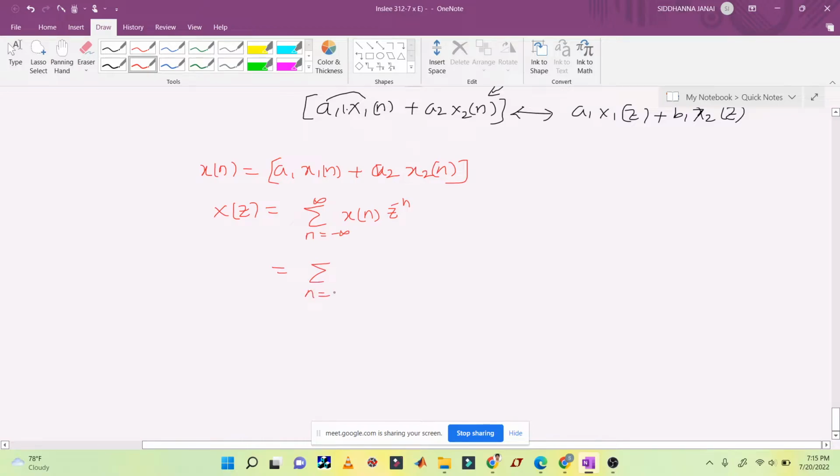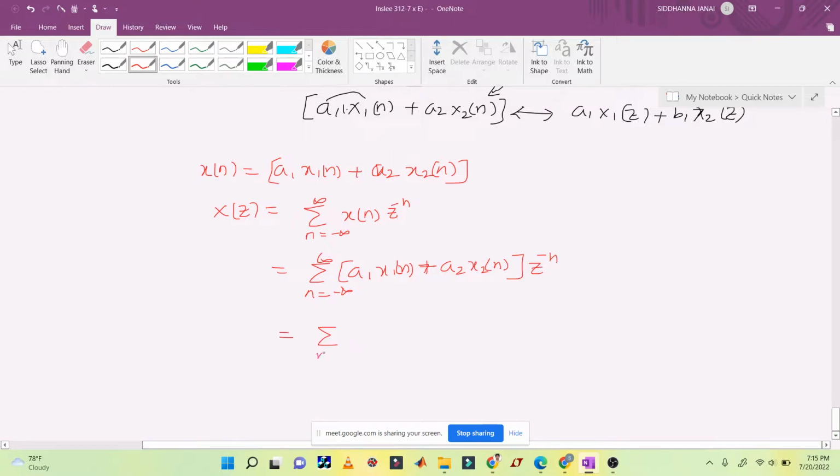It is a1 x1 of n plus a2 x2 of n, multiplied by z power minus n.